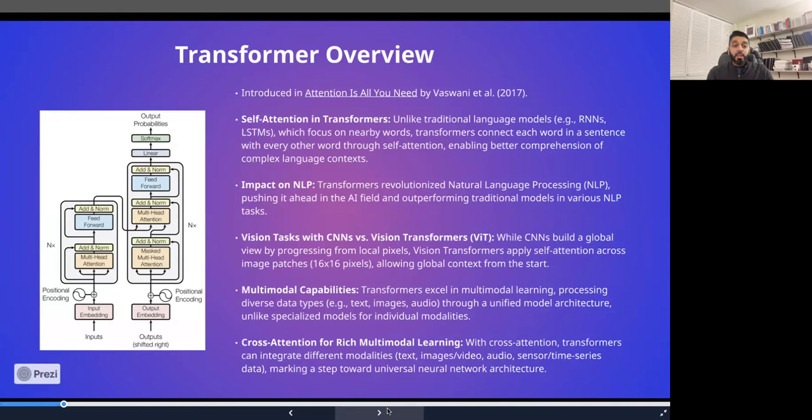And then in terms of impact that we've seen with this architecture, it's loud and clear. The impact that this architecture has had on the field, whether it's NLP, whether it's vision, even compared with CNNs. We have vision transformers, ViTs, that have done incredibly well.